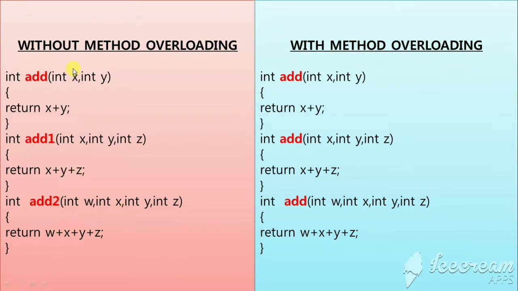This is called without method overloading. Now see here with method overloading: the first method, second method, third method, all three have the same name add, but the arguments are different: 2, 3, 4 arguments. This is the difference between method without overloading and method with overloading.